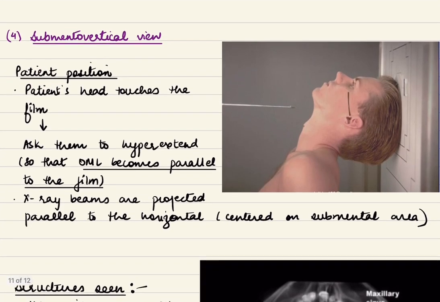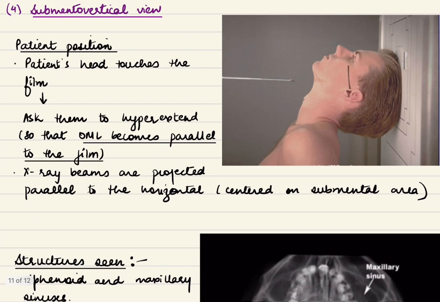Now coming to the submentovertical or the basal view, the patient is positioned such that the vertex of the patient touches the film and the patient is asked to hyperextend so that the orbitomeatal line becomes parallel to the film and the beams are projected perpendicular to the film centered on the submental area.